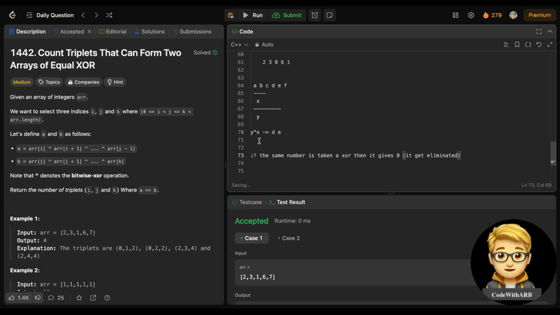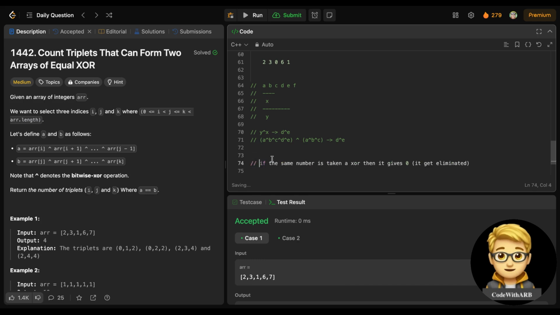This y is a XOR b XOR c XOR d XOR e, and x is a XOR b XOR c. So a XOR b XOR c appears two times here, and whenever the same number is taken twice, it gives 0. So a XOR b XOR c is eliminated. What is left? d XOR e. So y XOR x gives us the d XOR e value, right? This is the proof.